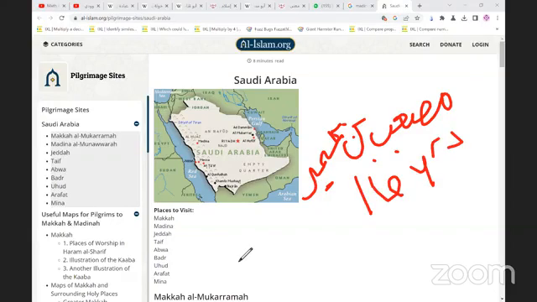Mus'ab ibn Umair was to go to Medina. Not only that, he had a mission. He was going to be the person to teach and tell people about Islam and come back the following year with the Muslims to have a big conversation with the Prophet ﷺ.